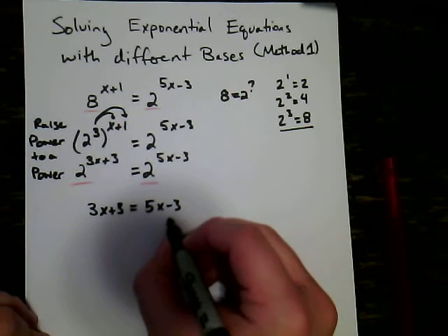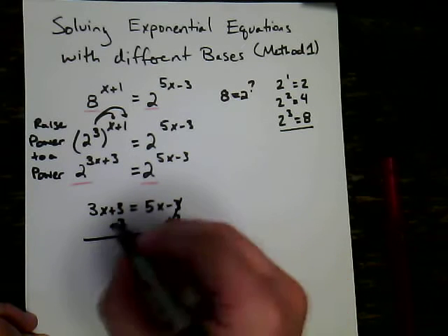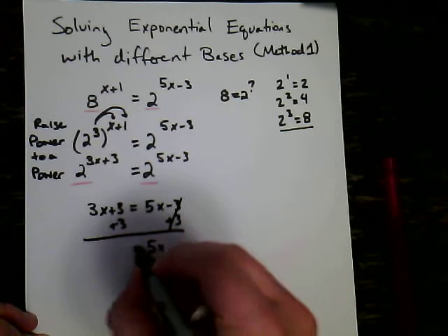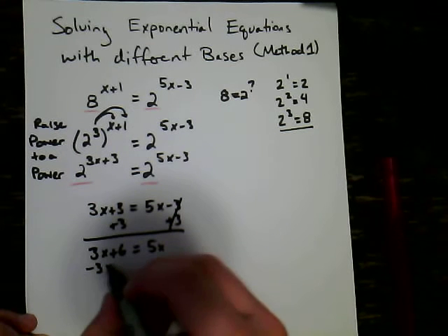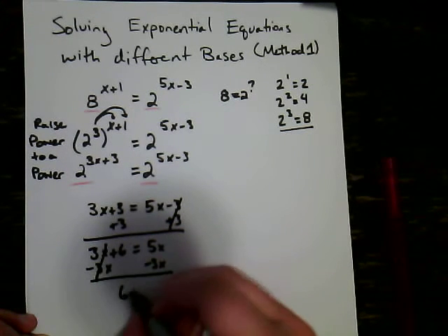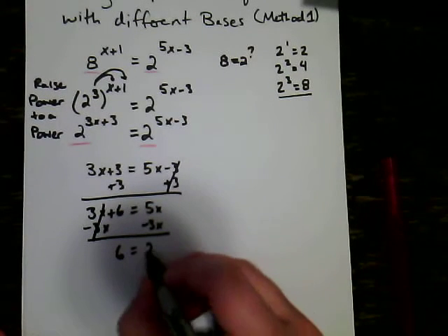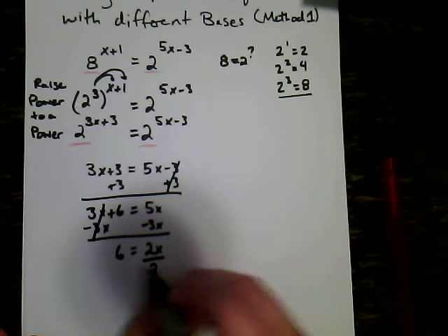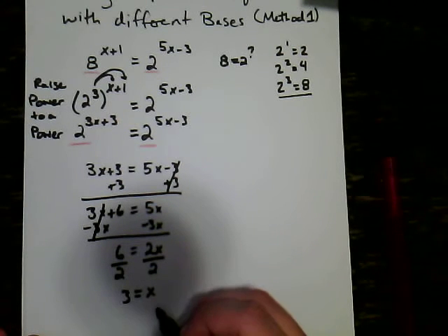Once again, just a little classic two-step. You can add 3 to both sides, so you have 5x on the right, 3x plus 6 on the left. Subtract 3x over here, subtract 3x over here. So 6 equals 2x. Divide by 2, we get x equals 3.